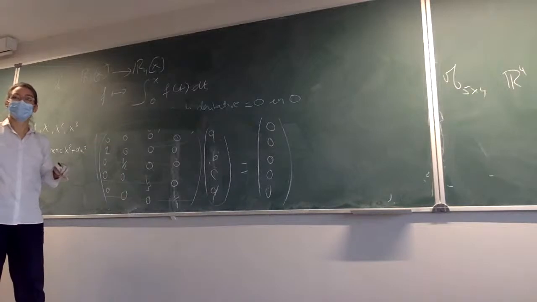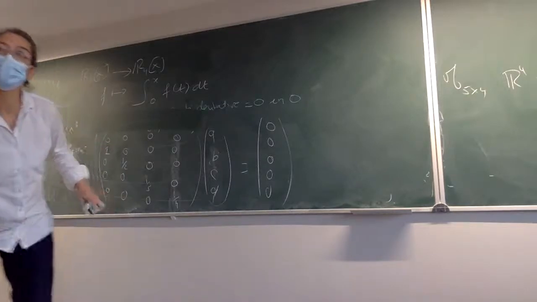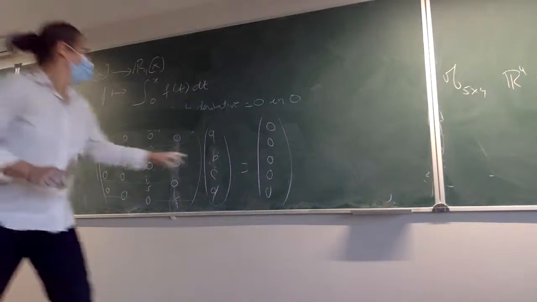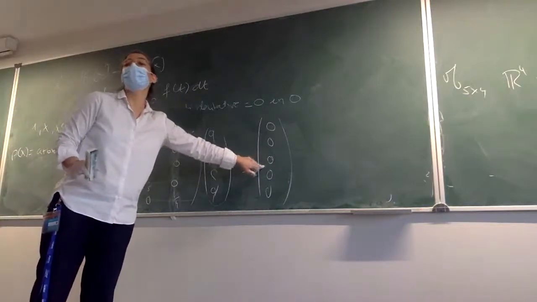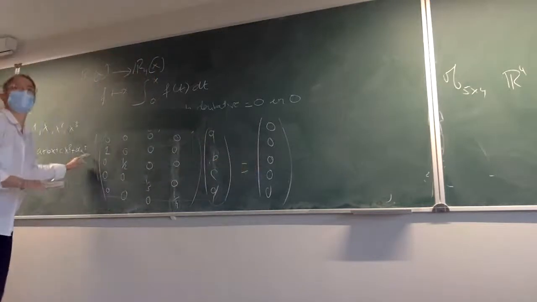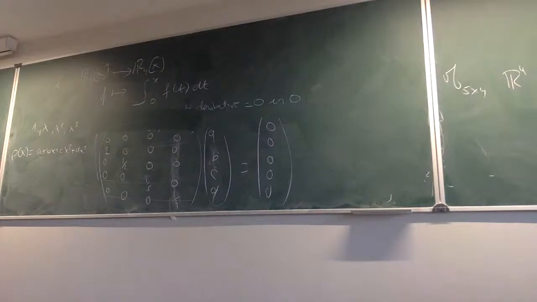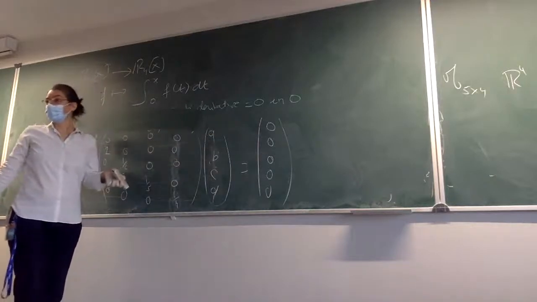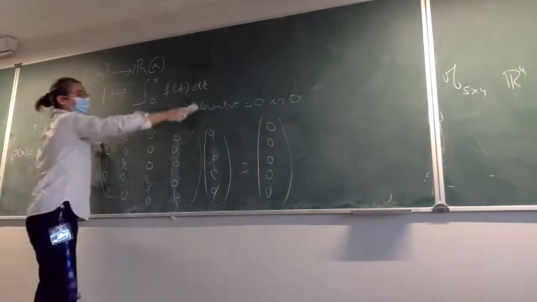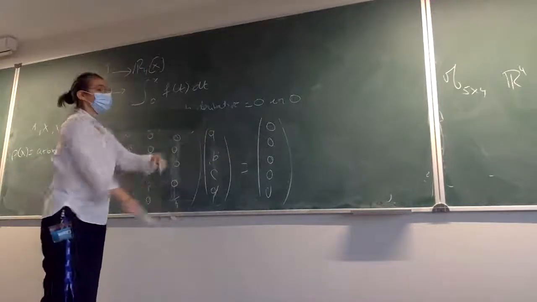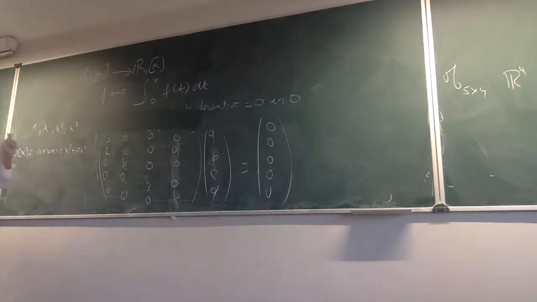Is it the span of the zero vector? Sorry, the span of the zero vector? Yes, 0, 0, 0, 0. If I'm looking for the null space, this is what I want to solve. The first row doesn't give me anything because it's just 0 plus 0 plus 0 plus 0 equal to 0, so I haven't learned anything.